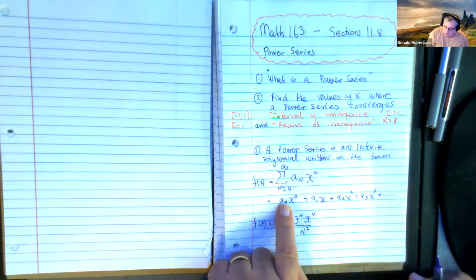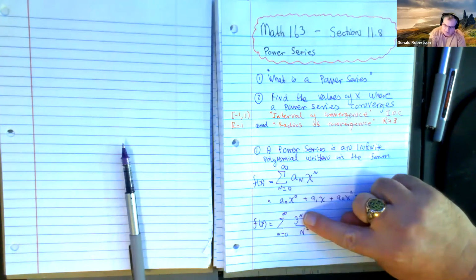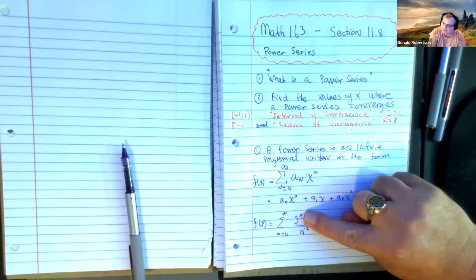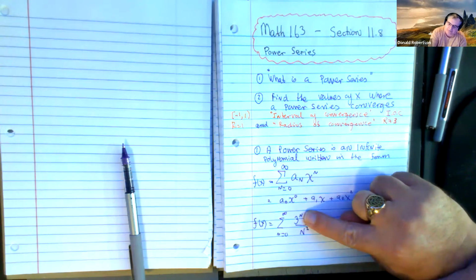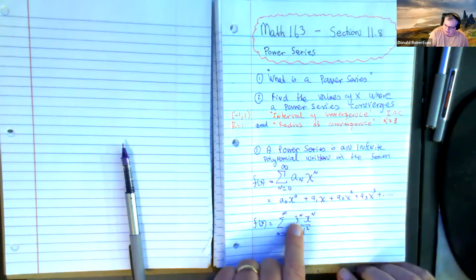The a_n, this guy here, is essentially that fella, right? The 3 to the n squared. Anything that has an n in it but is not x to the power of n, that's this piece. And then x to the n.